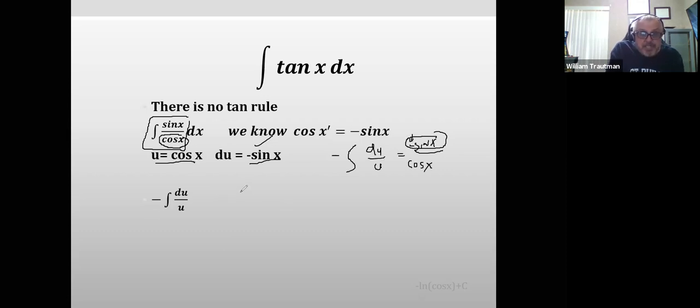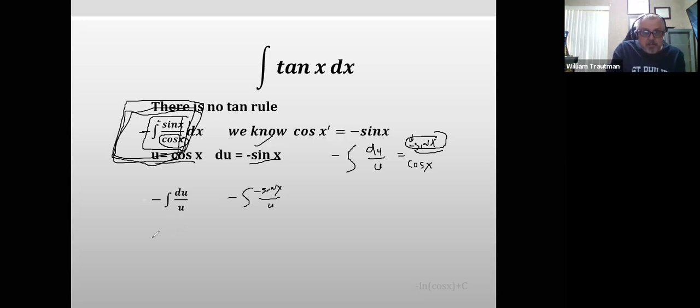Do you see this? If I put the negative sine x there and the u there, these two will cancel each other out, because that's an extra negative in there that we don't have up here in the original problem. So to put the negative here, I also have to put the negative there.